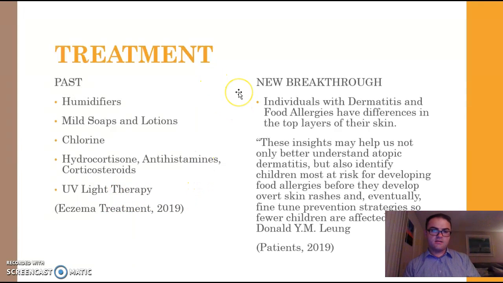And in my study, the new intervention that I found was that individuals with dermatitis and food allergies have differences in the top layer of their skin.